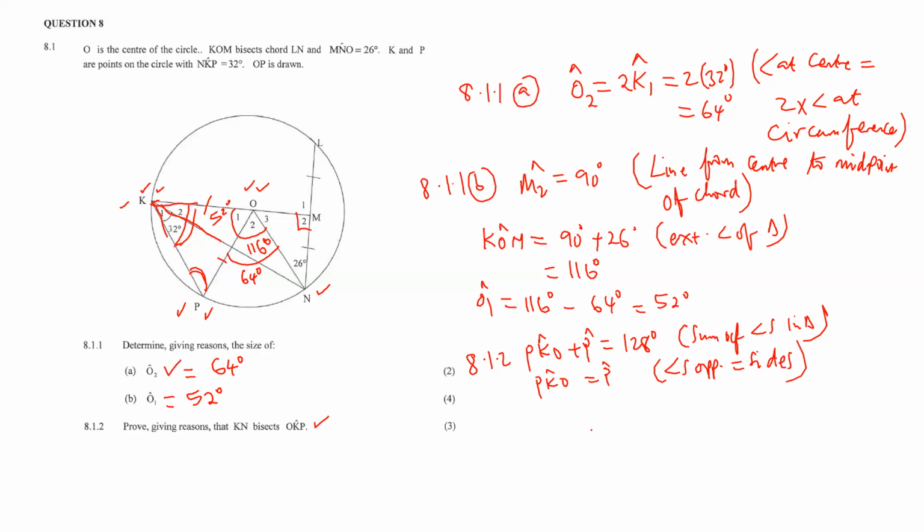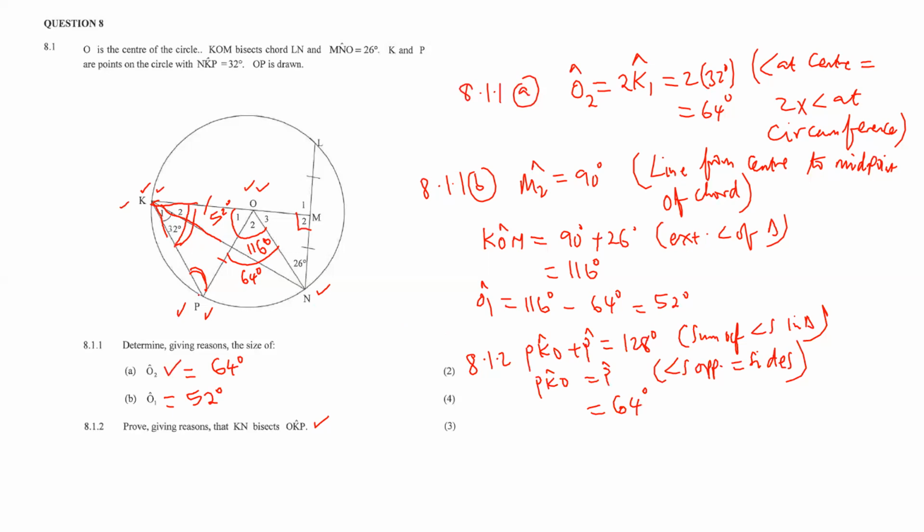And we proceed. So now this is the same, 64 degrees, because twice this one is 64. In other words, here you have 64 degrees.